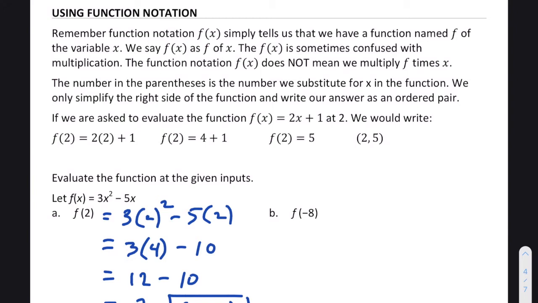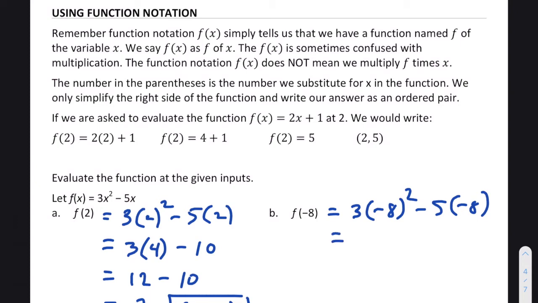Similarly, we have f of negative 8, so we're going to do the same thing. We're going to substitute negative 8 into the x values in the function. So we have 3 times negative 8 squared minus 5 times negative 8. Again, we do the exponent first, and if we're taking a negative number and squaring it and it's inside parentheses, that's going to become positive.